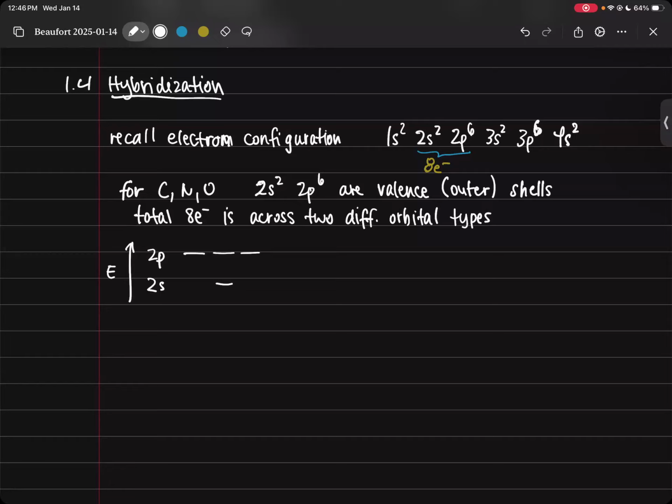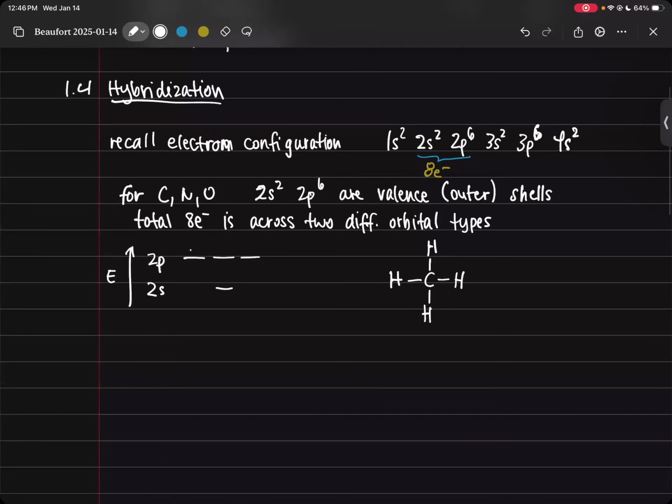Okay, that sounds great, but then we look at a molecule like CH4, methane, and you can draw this in slightly different geometries, but you can tell that all of the CH bonds are the same, right? We can also use spectroscopic methods to look at methane and see that all of those bonds are in fact the same and all of the hydrogens are the same.